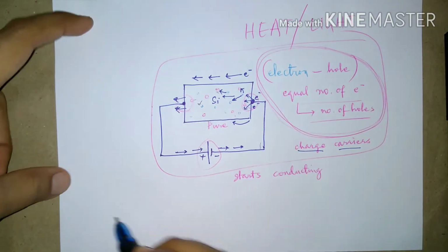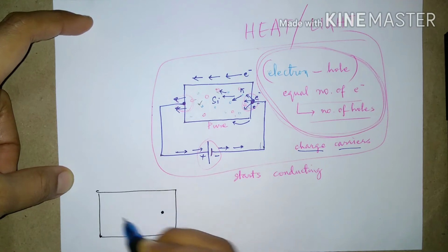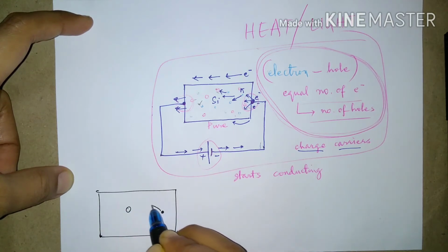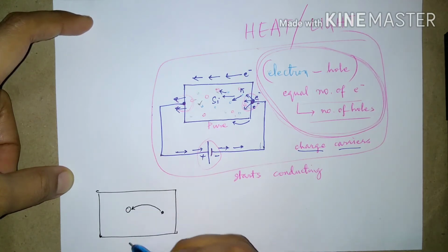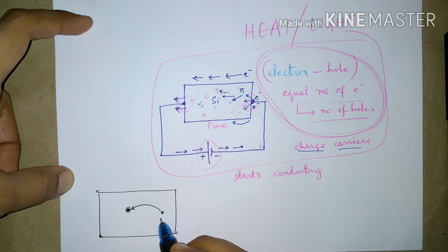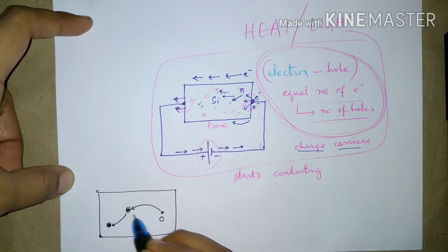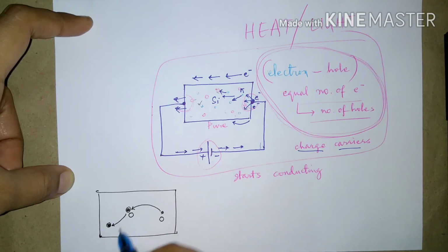Or else simply you can think of it like this: whenever an electron enters into this hole, it fills it, but here you get a hole created. So this electron again tries to move and fill this hole, and again a hole gets created here.